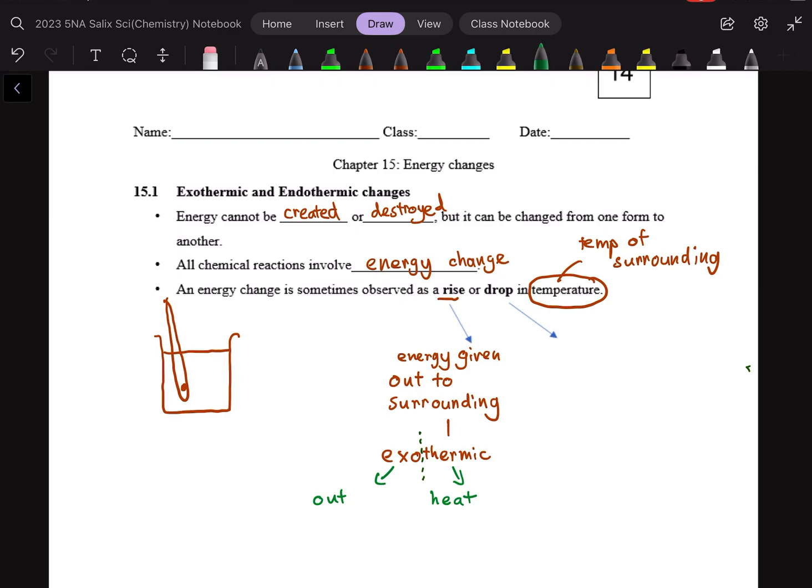So if there's a drop in temperature, usually it's because energy is taken in from the surrounding. So this type of process we refer to as endothermic.